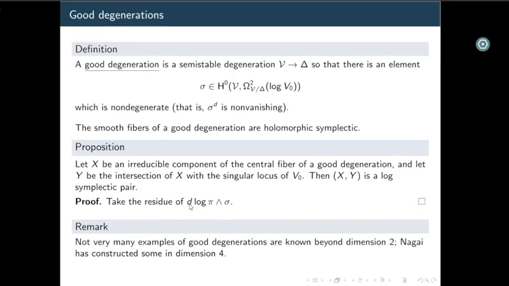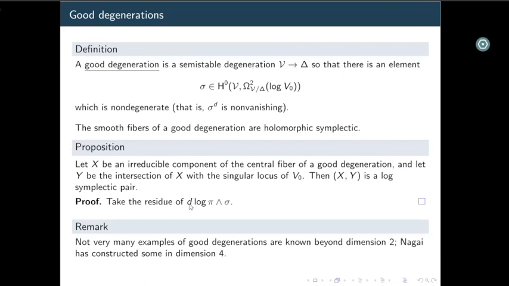But I should also mention before moving on that this whole good degeneration condition is a bit of a fantasy, to be honest. In dimension 2, it makes sense to talk about these things, because they essentially mean the nice models of K3 degenerations that I was talking about earlier. These are well understood and they exist, and you can say a lot about them.